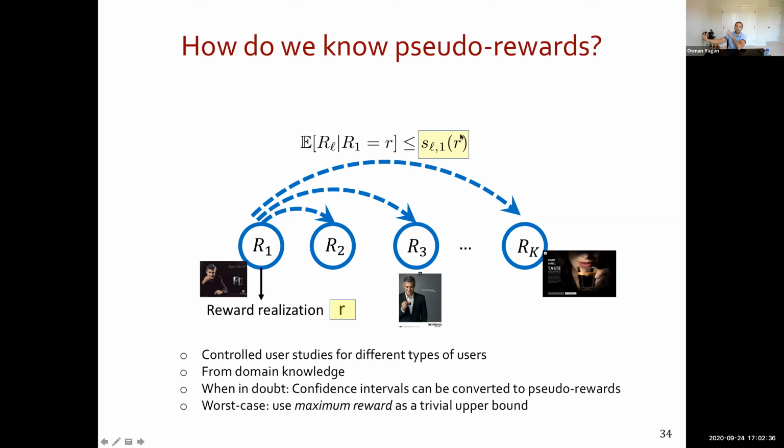So I will keep that information in the backup. That gives me additional information, in the upper bound form, about how much reward I would have obtained from these other possible choices that I could be choosing in the next round, and so on and so forth.